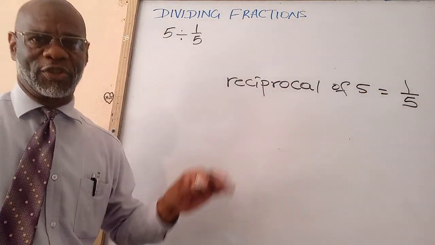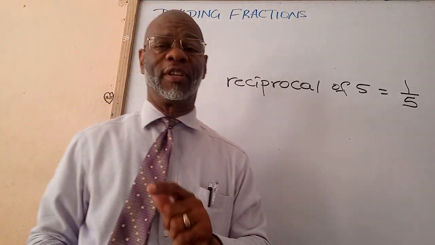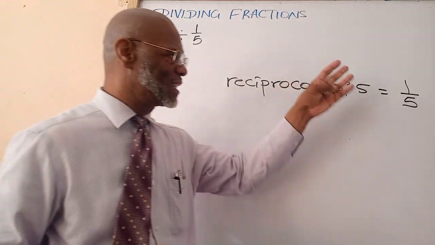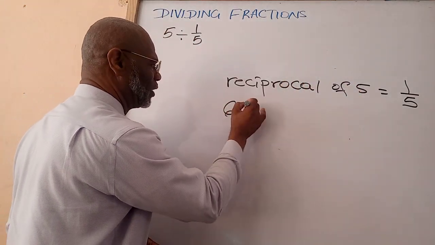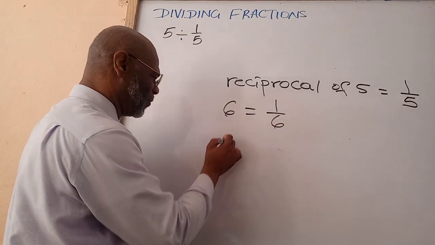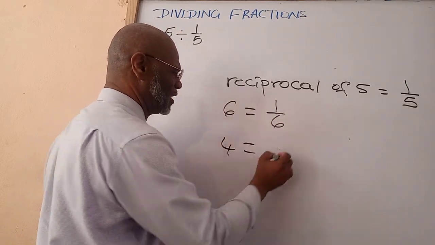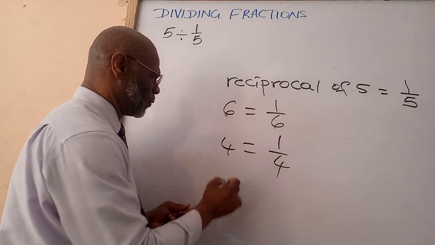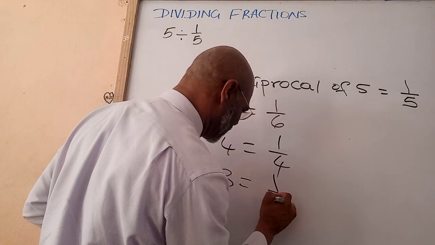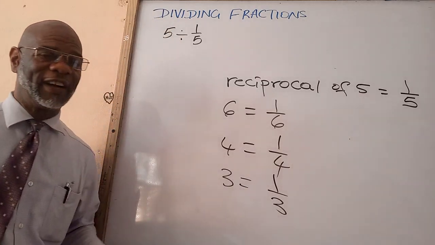Right? So the reciprocal of a whole number is 1 over the number. Alright, so if we have 6, then the reciprocal of 6 is 1 over 6. If we have 4, the reciprocal of 4 is 1 over 4. If we have 3, the reciprocal of 3 is 1 over 3. Alright?